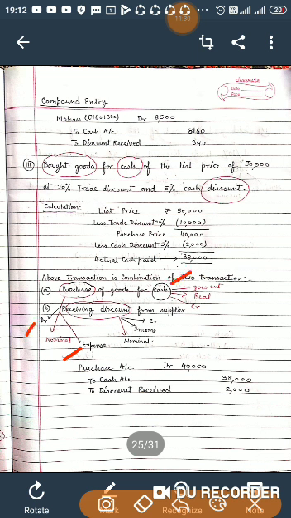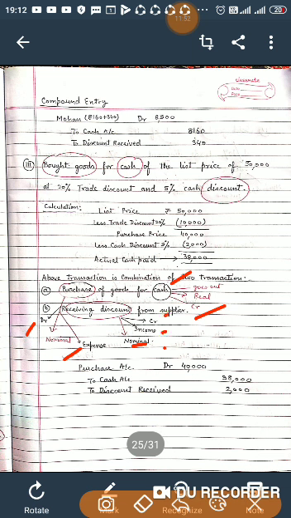Cash is a real account. It is going out from the business. Whenever you are purchasing goods you are making payment, so cash is going out from the business, so it should be credited. Discount received is a nominal account. Debit all expenses, credit all income. When you are receiving discount, it's an income for the business, so it should be credited.